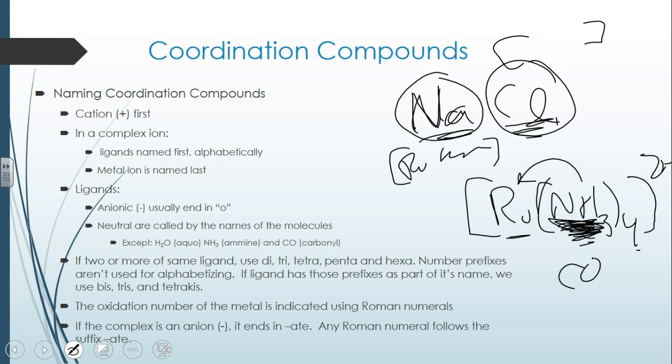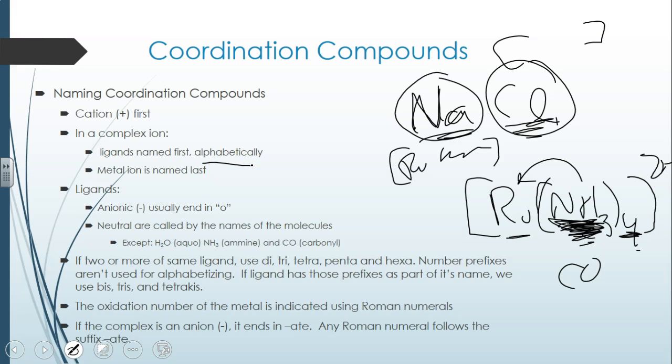Just like we do in covalent compounds, if there is more than one of the ligand, we would use the prefixes di for 2, tri for 3, tetra for 4, penta, hexa on down the line. But the prefixes don't count when we're dealing with alphabetical order.